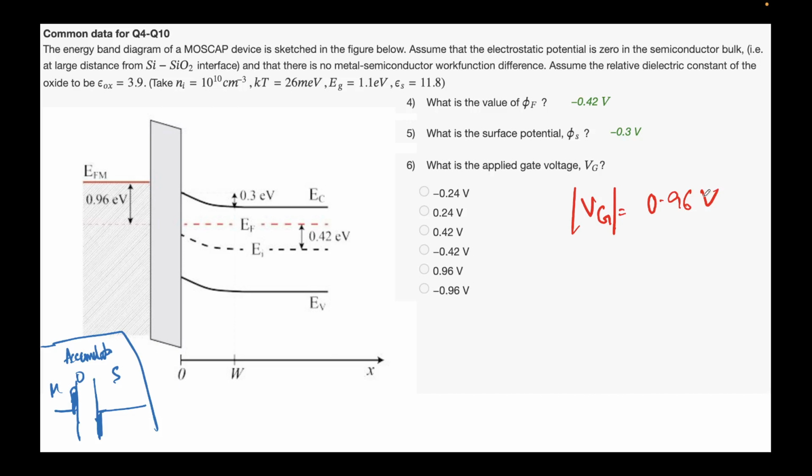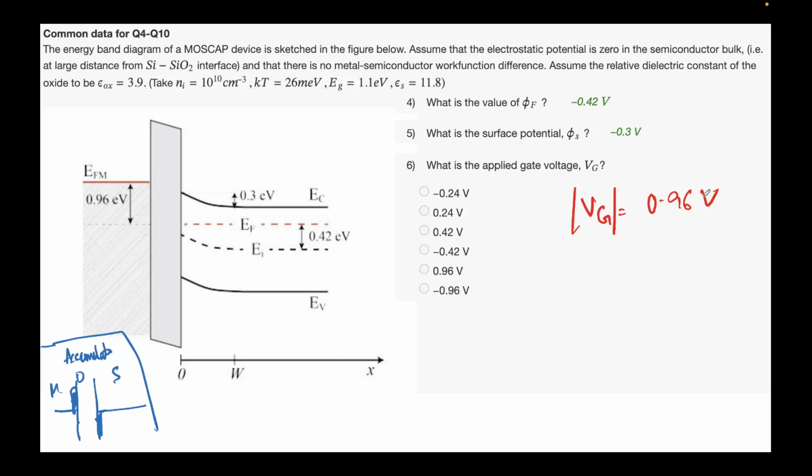So for an N-type semiconductor to be depleted, negative bias must be applied to the metal.